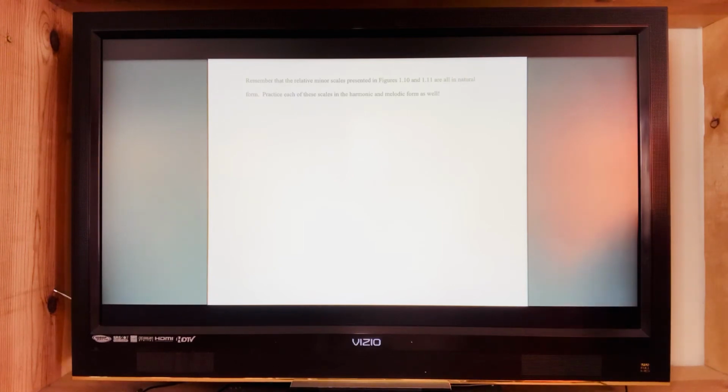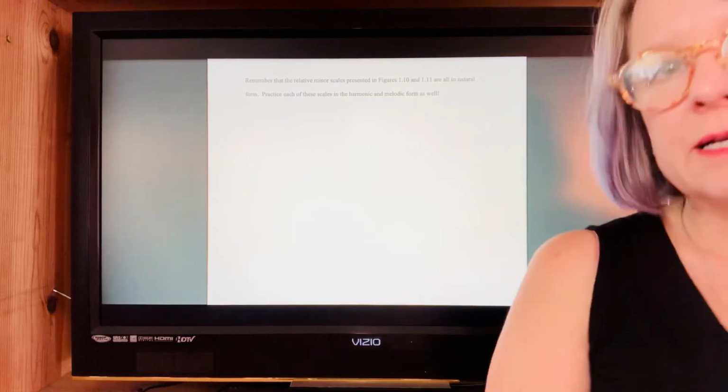All right, so for your assignment, you need to write a melody, write it out in a major key. Whatever major key you choose, I want you to write the same melody in the minor key of the same note, not the relative minor.